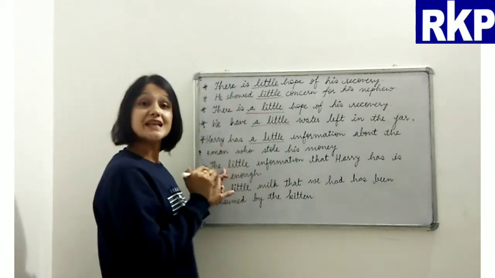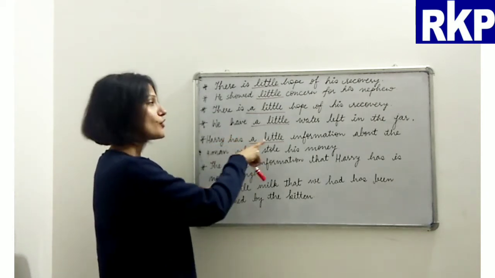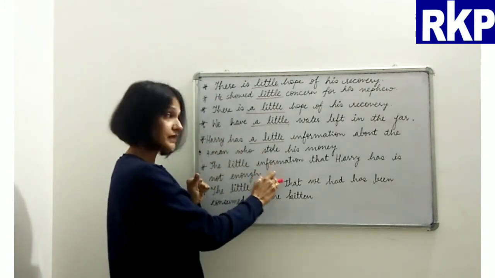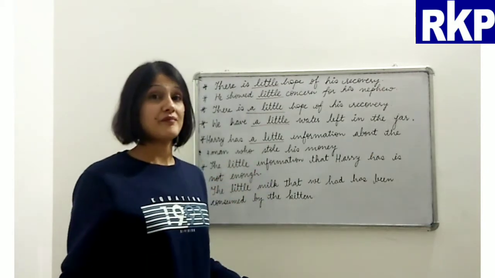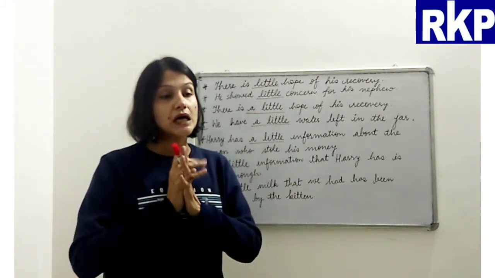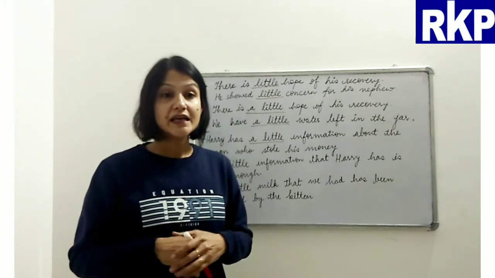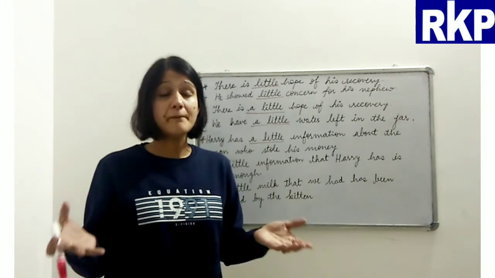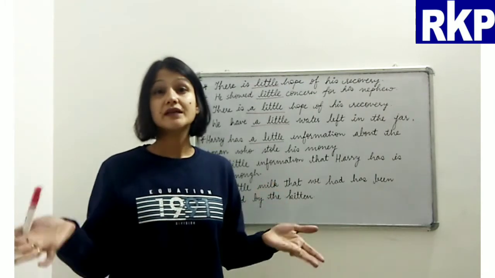Okay, now see the next sentence beta, and it is connected to the previous one. Of course he has a little information, but the little information that Harry has is not enough. Now when he goes to the police, the officer there, after listening to Harry, says, see, of course you have some details about him, but on the basis of these details we'll not be able to catch him.